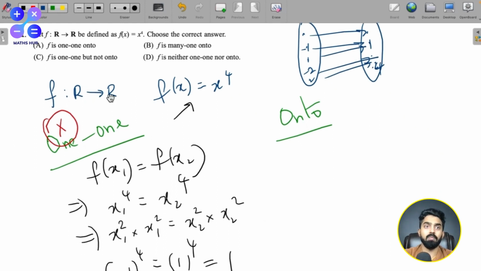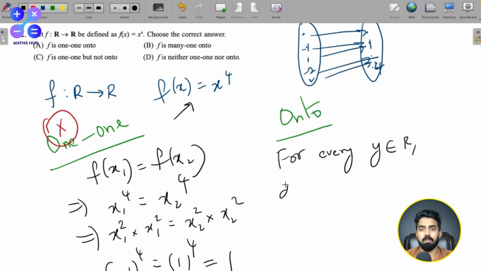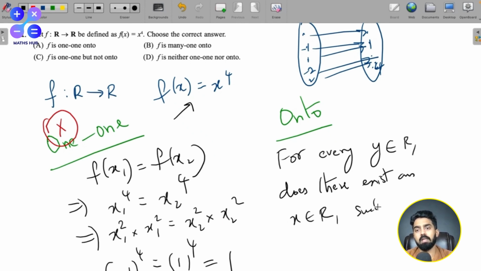Is it on to? So for every y that belongs to R, does there exist an x that belongs to R such that y equals x power 4?